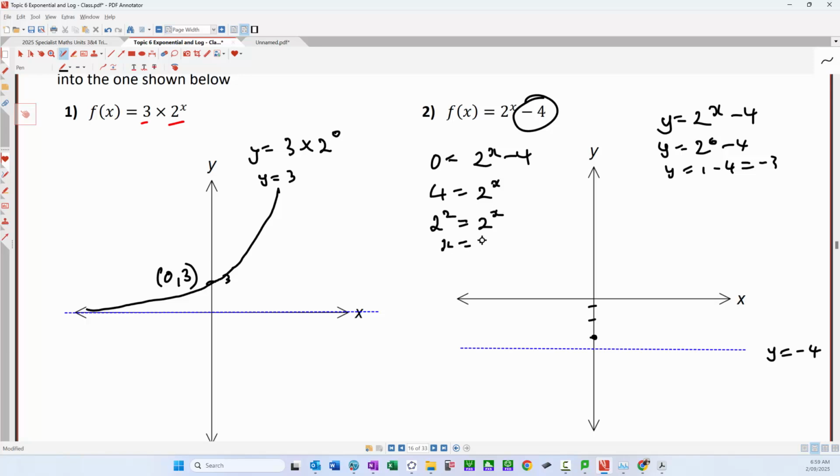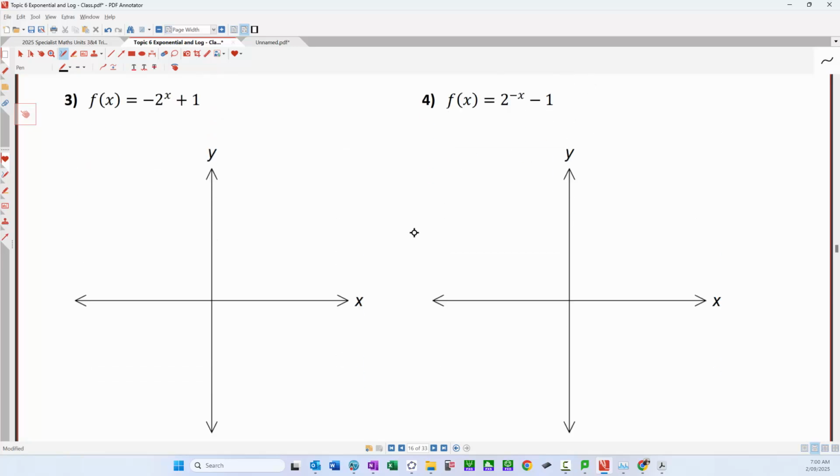You can see that the x-intercept is going to be 2 when we pair off the bases. Pop it in there. Draw your exponential function. Lovely.